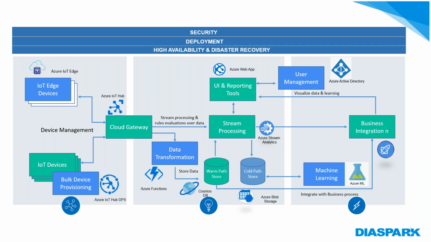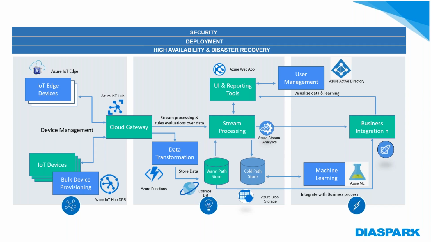You can forward that to Stream Analytics. This is stream processing, and you can directly use that data in UIs to show at your client end or mobile application, or you can integrate it with business integration. Then you can have another endpoint for data transformation. If you need some transformation on the received data, you can use Azure Functions.